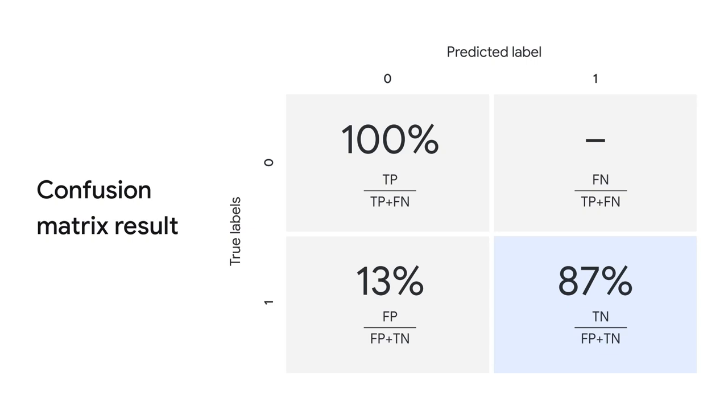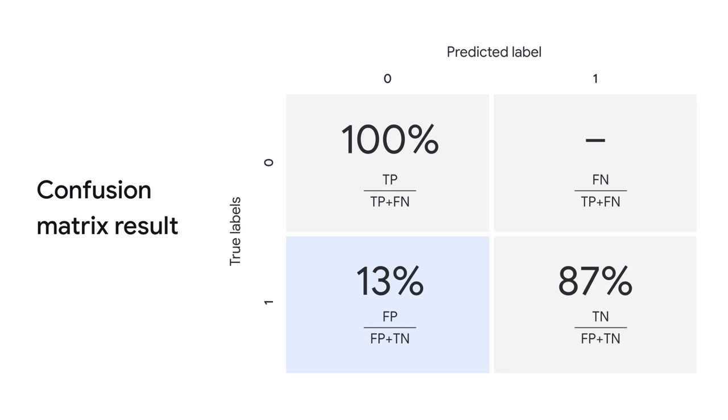87% true negative rate. The model also correctly identifies 87% of people who won't repay, defaulters. Note that the true negative rate equals true negatives divided by the sum of false positives and true negatives. 13% false positive rate. This means the model mistakenly identifies 13% of good borrowers, those who actually repay, as defaulters.